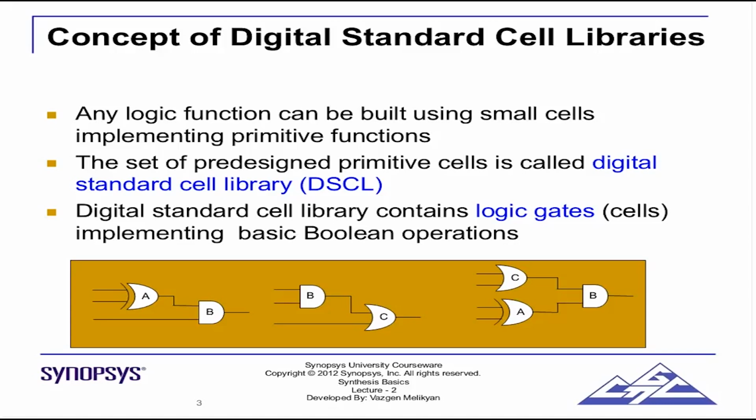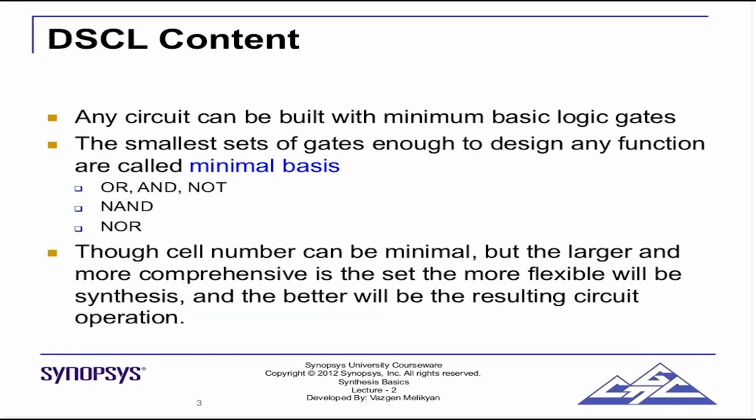Now, a digital standard cell library contains logic gates which implement the basic Boolean operations. Now any circuit can be built with minimum basic logic gates, we could say the smallest number of gates.